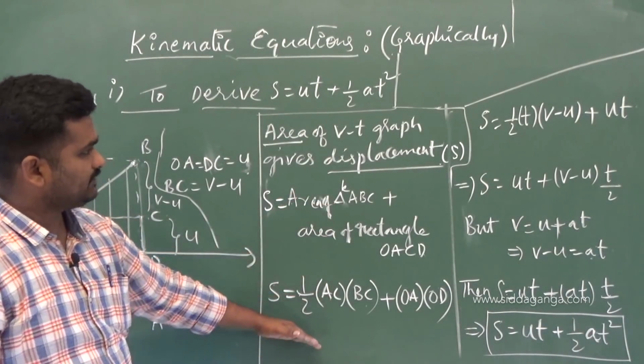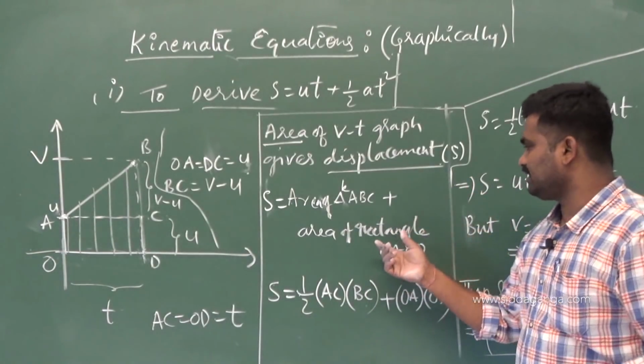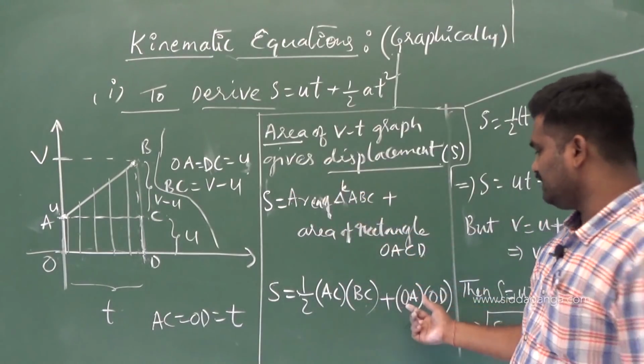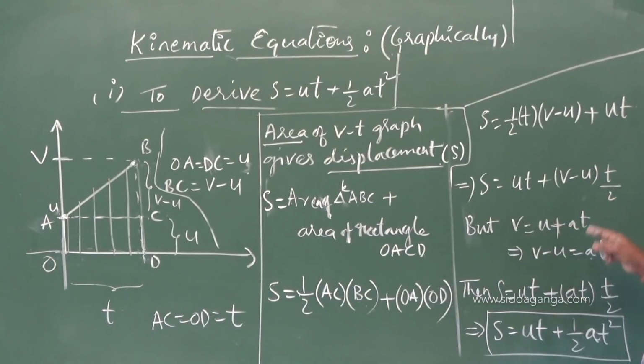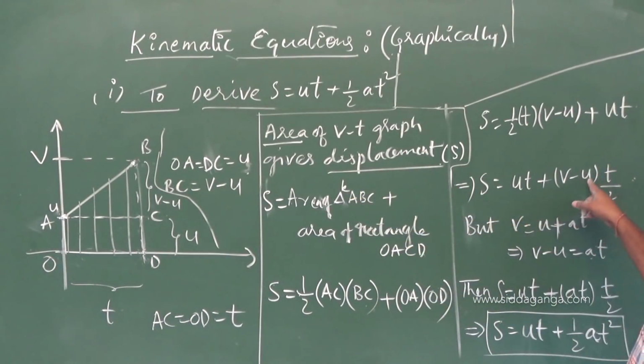So solving for this, and finally some substitution for all the known parameters. What are the known parameters here? AC and BC values we are aware of, and OA and OD values we are also aware of. Substituting back into this equation, we end up with this equation here, and it should be changed again. We know from the previous derivation that V minus U is nothing but AT, and from there we have written S equals UT plus half AT square.